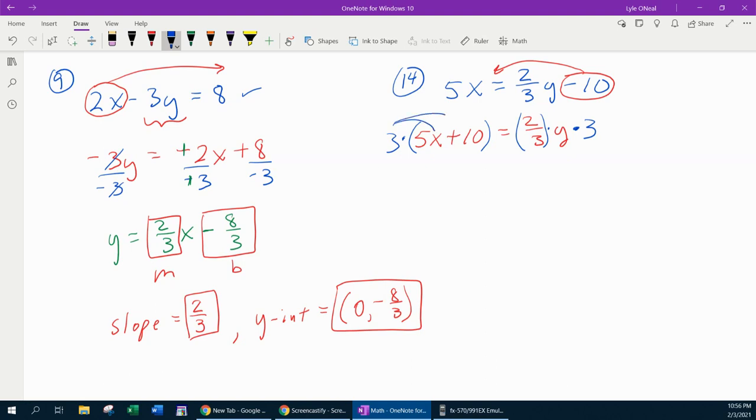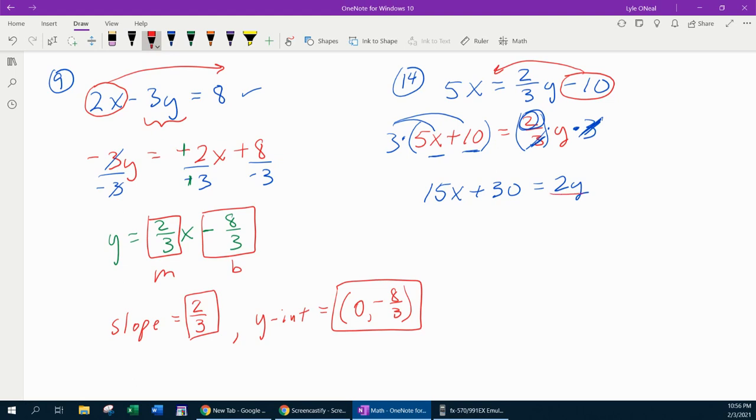And this 3 here is going to distribute to every term on this side. So again, I'm doing this in 2 steps. I'm going to get rid of the fraction first, and then I'll deal with this 2 here. So we're going to have 15x plus 30 equals, now these 3's cancel, so that's going to leave me 2y.